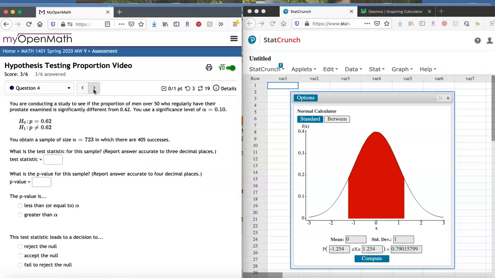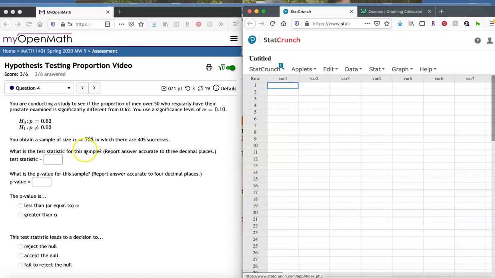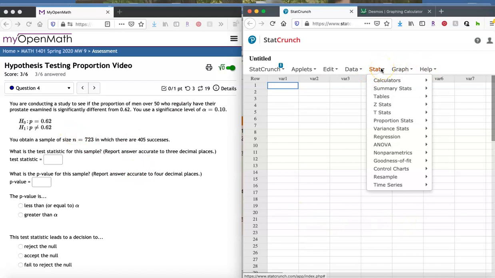Okay, now you've got the complete test. So we don't need this anymore. We are using the actual testing. So this is what we want to do. You see there's a P there, so that's proportion stats. We're talking about the proportion of something.